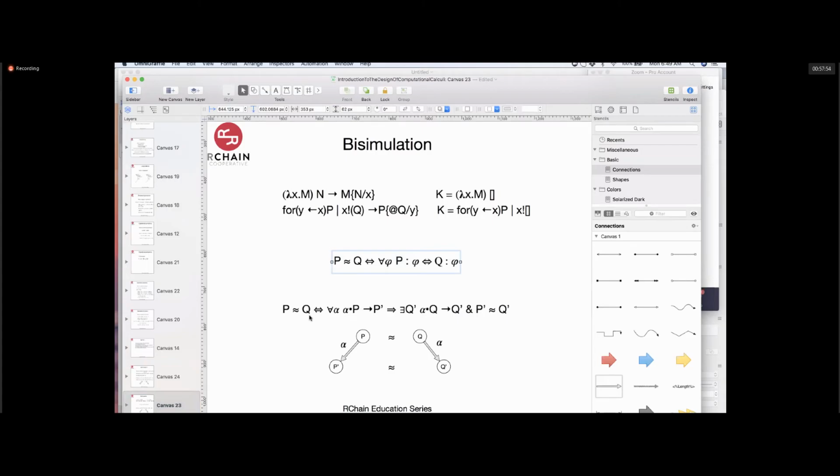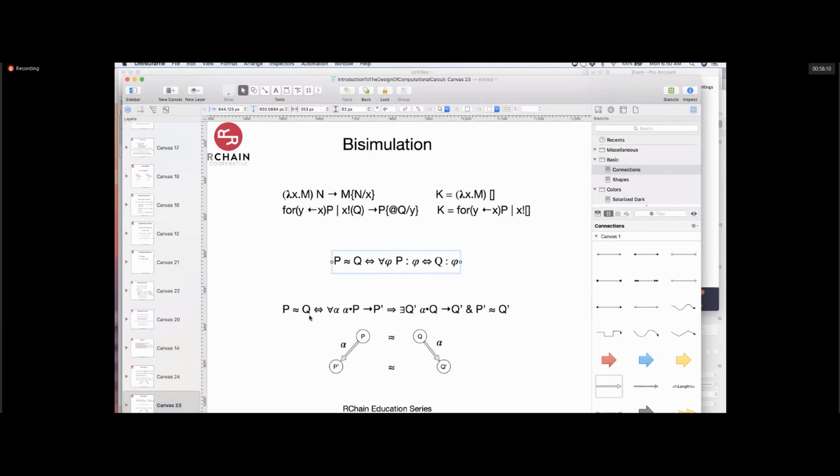We can sort of make the relation coarser in some sense. And just so that people are aware, there's trace equivalence, right?